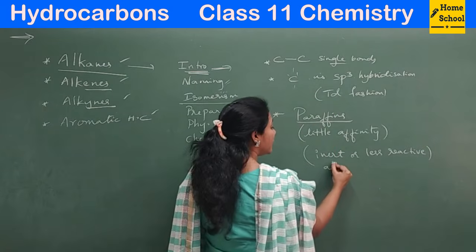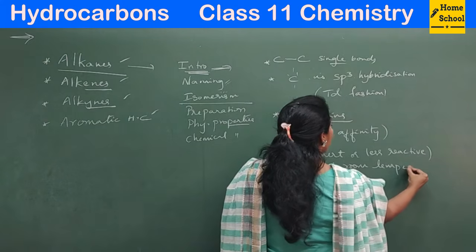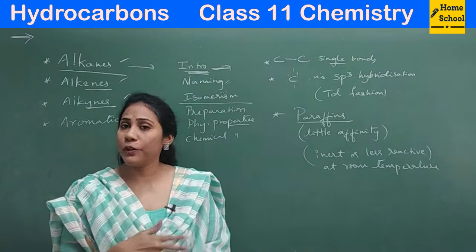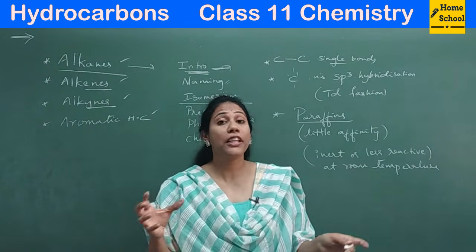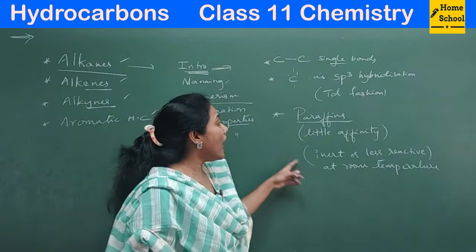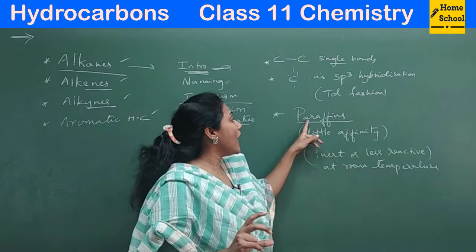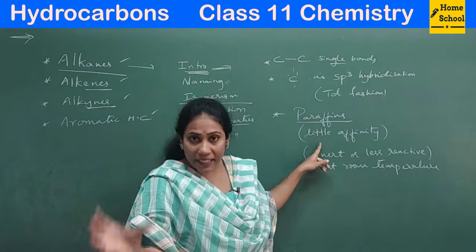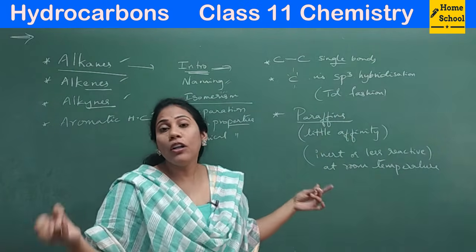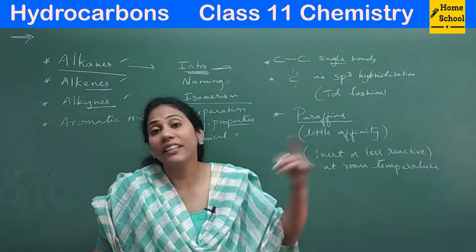Okay, so they are actually inert at room temperature. At room temperature, these alkanes do not react with acids, they do not react with bases, and they do not react with any substances. That is why they are called paraffins. It's a Greek word. Para is nothing but little. Affins, affinity means attraction. So they always show very, very little attraction towards other compounds.